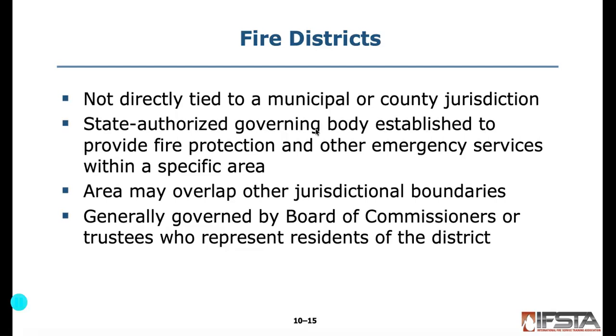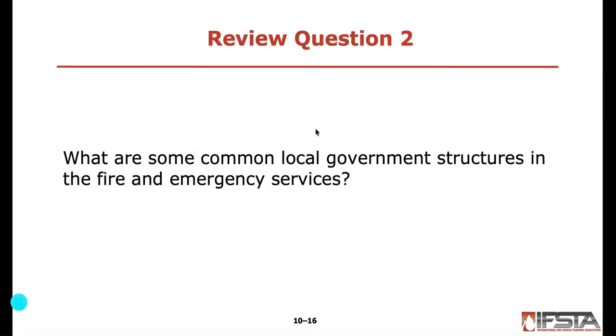Fire districts are not directly tied to a municipal or county jurisdiction. They're state-authorized governing bodies established to provide fire protection and other emergency services within a specific area. That area could overlap with different jurisdictional boundaries and is generally governed by a board of commissioners or trustees who represent the residents of that district.